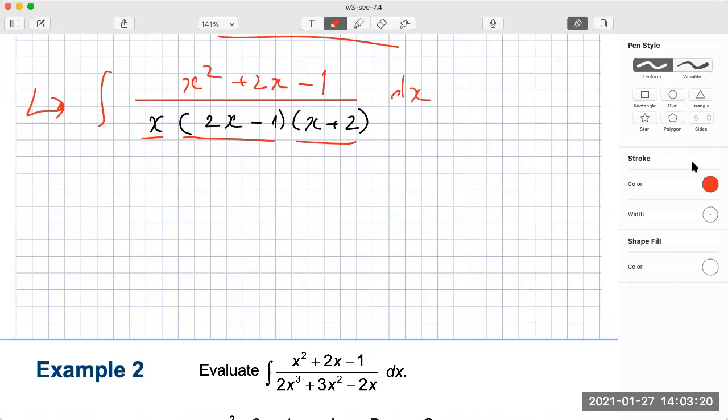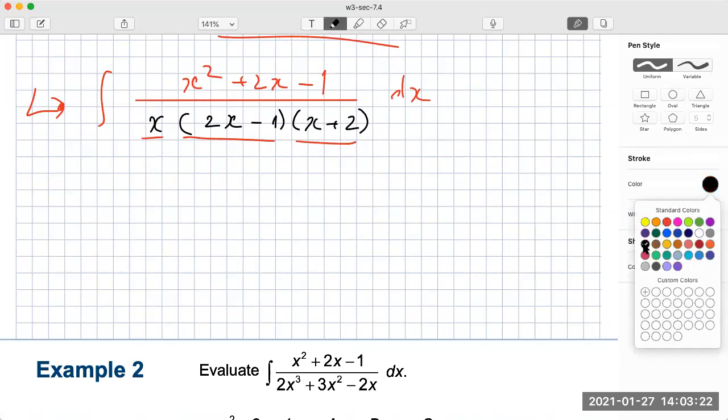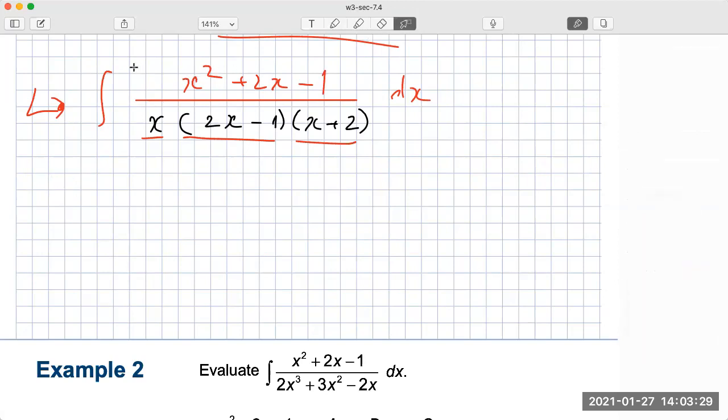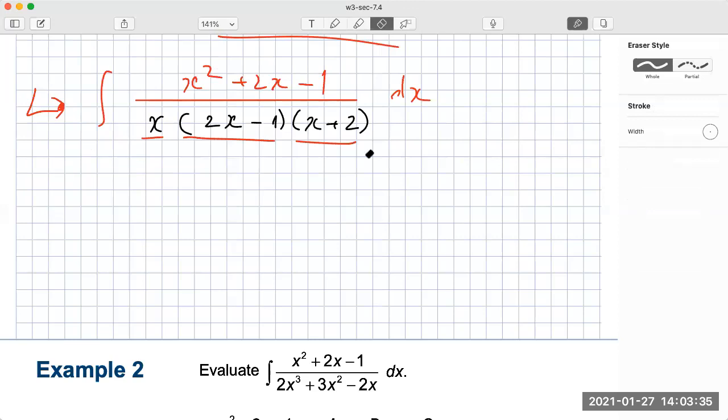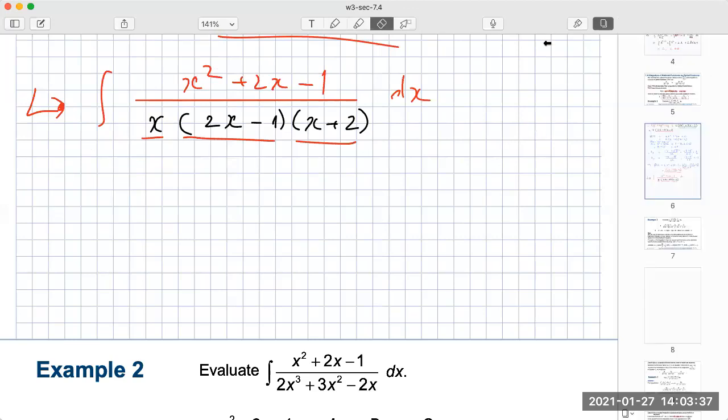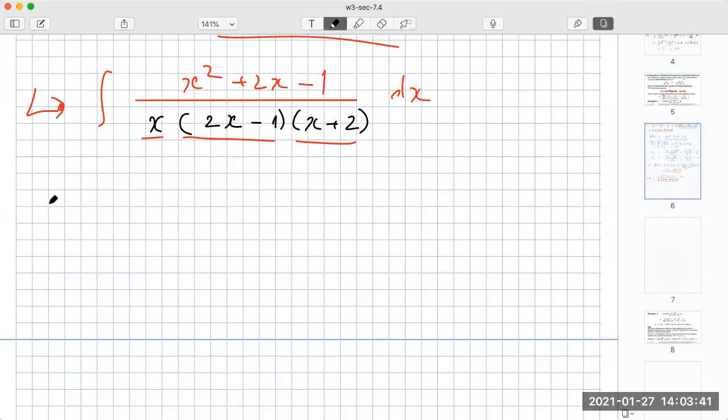It means that we can write this integral. Let us do a side computation and add it to the integral later.